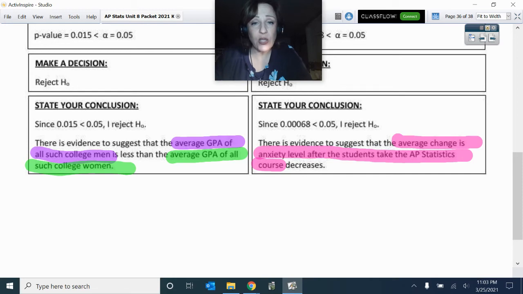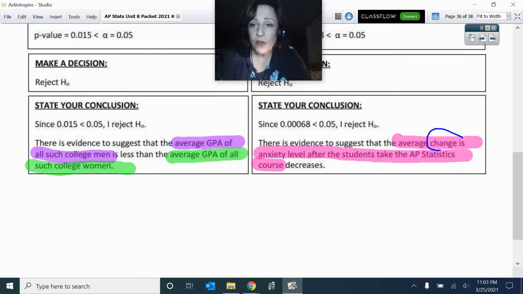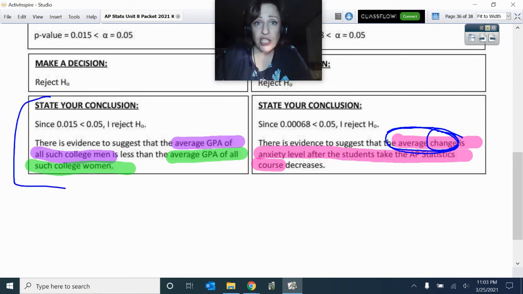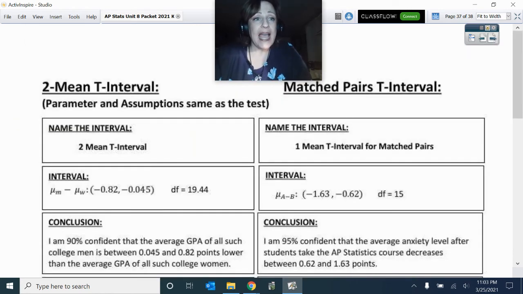I only stated the word average once, and it was about the average change or the average difference. Okay, very important distinction. Average, 2 separate averages, not 2 separate averages here. Average change. Okay.